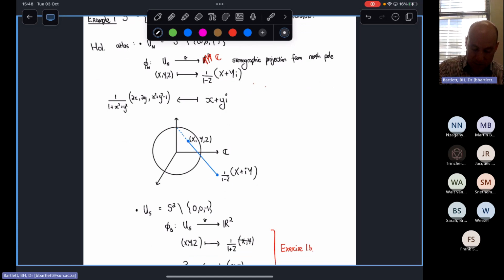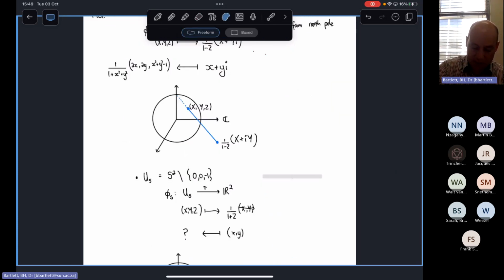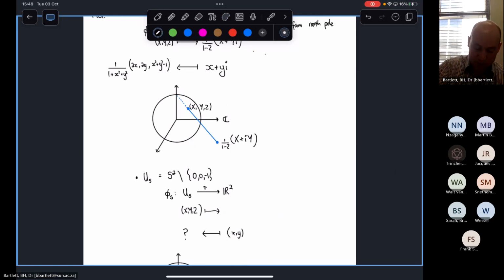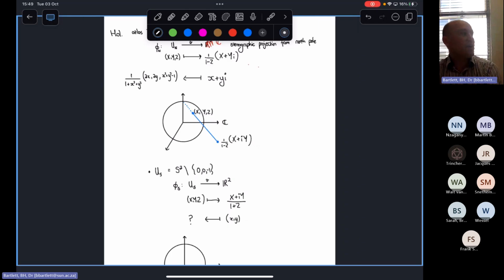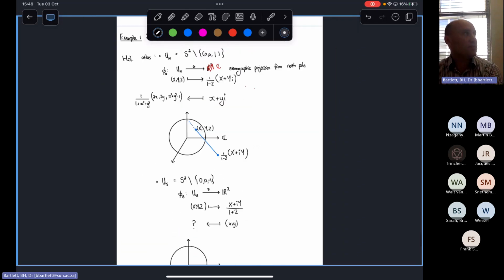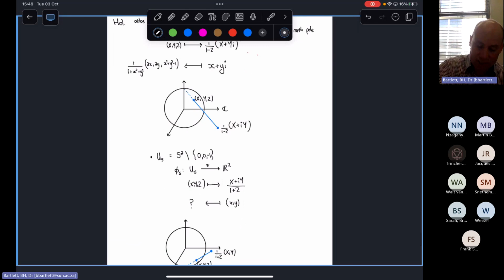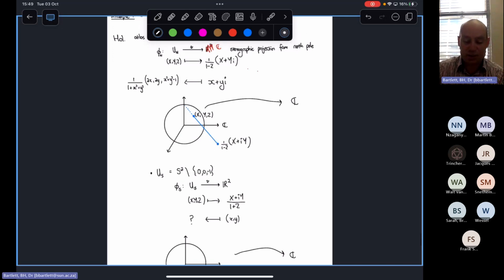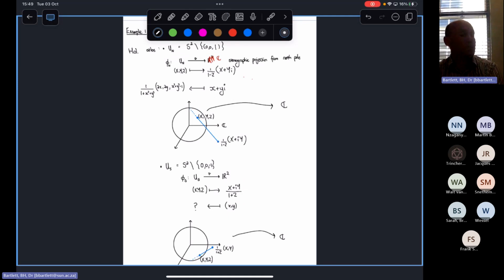Okay. So there is a subtlety here, which I want to point out, which is that if I use the same charts as I used before, then you'll find that when you compute the coordinate change maps, let's just be clear. I've got a map into C here and a map into C here from the northern hemisphere at the top and the southern hemisphere at the bottom.